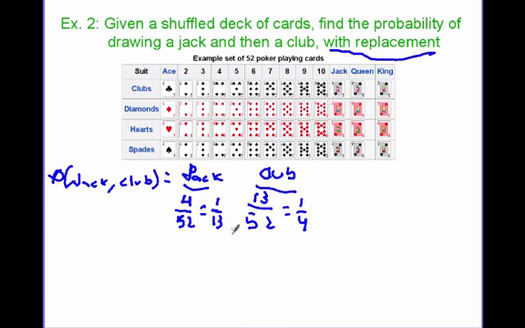So my probability of getting a jack is 1/13, and my probability of getting a club is 1/4. Now I multiply those together. 1 over 13 times 1 over 4. 1 times 1 is 1. 13 times 4 is 52. So my probability of getting a jack and then a club with replacement is 1 out of 52.